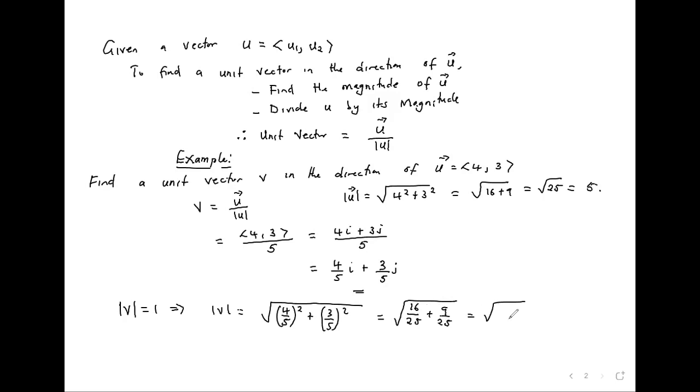That is 25 over 25, which is equal to 1. Then you know it's a unit vector. If they ask you to check if the given vector is unit, you find its magnitude. If the magnitude is 1, then the given vector is unit.